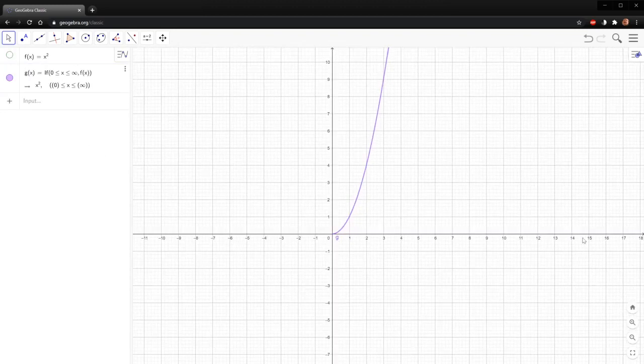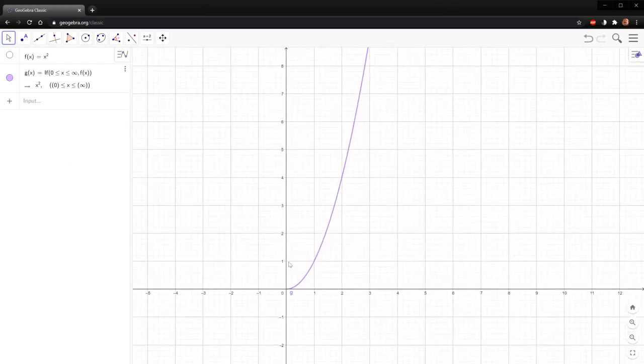So now the domain is only the non-negative numbers, so we take that entire branch and cut it out. Oh, well, now it is one-to-one. Now it does pass the horizontal line test. So this function does have an inverse. And the inverse of this function is the square root. That is what the square root is, by definition.